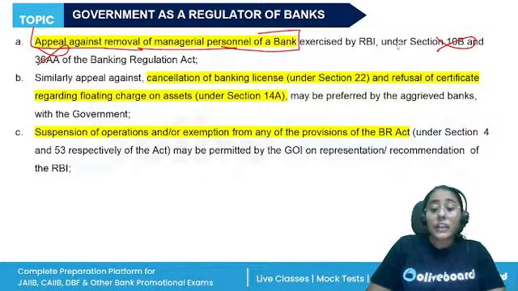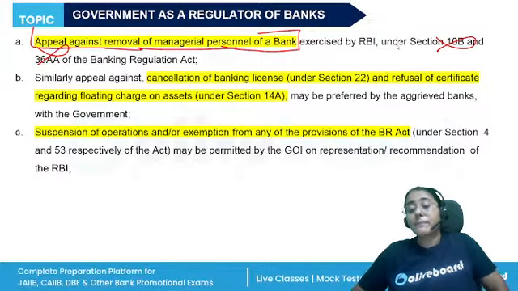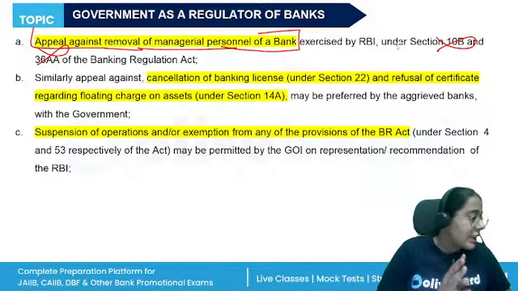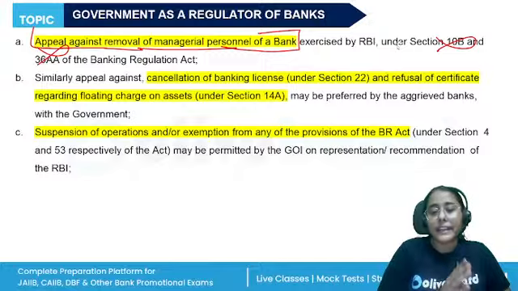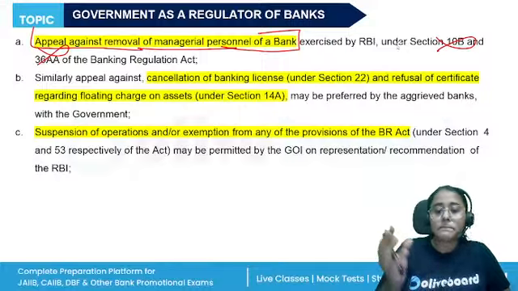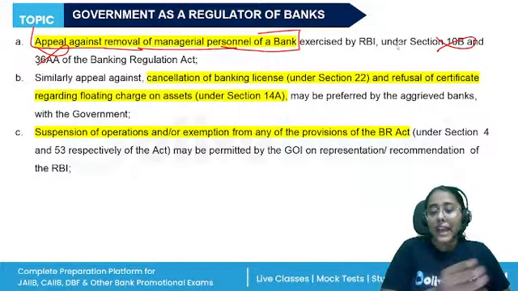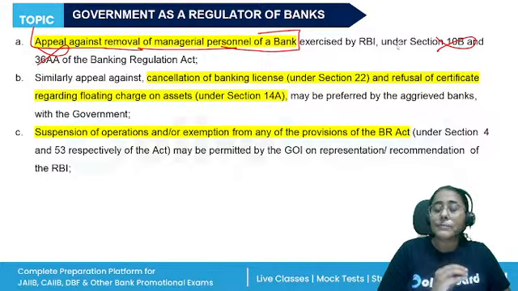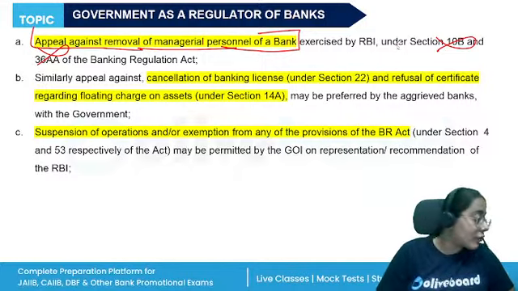The central government can also, under specific directions, exempt a particular bank from the provisions of the Banking Regulation Act. Let's say there's a small finance bank established. The Banking Regulation Act has provisions for the minimum capital requirement.